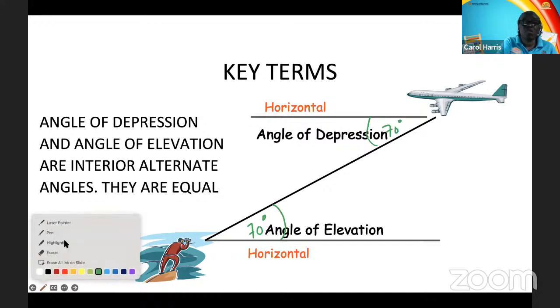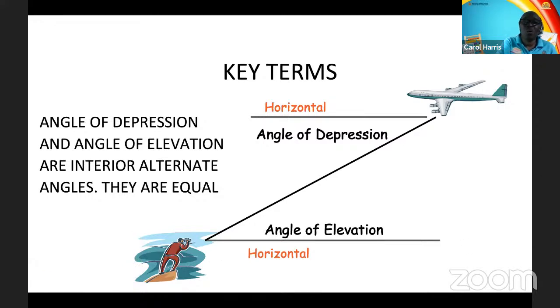Those angles, I will not say corresponding because that is another type of angle. Those two angles are equal for any two observers in two different positions, whether from the plane or the ship or vice versa.